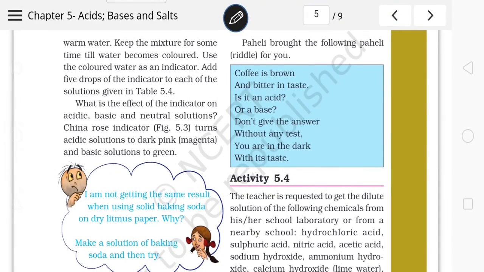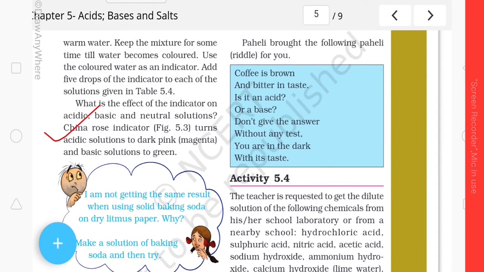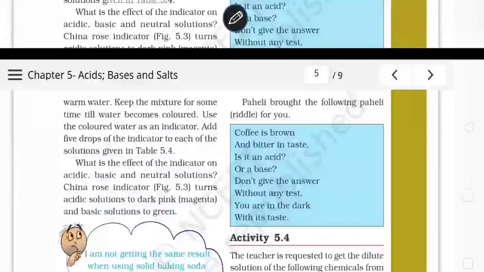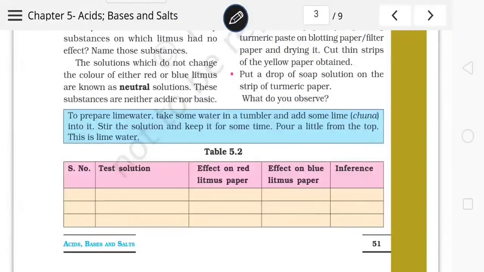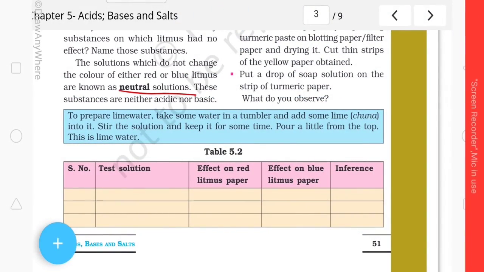Just like I said, here it is written, China rose indicator turns acid solution to dark pink, which is known as magenta, and basic solutions to green. So remember this. And also we must know another word, which is neutral solution. Let's see this one. The solutions which do not change the color of either red or blue litmus are known as neutral solutions.